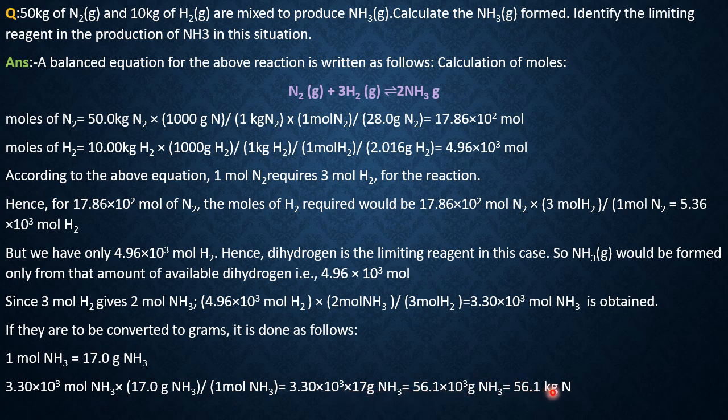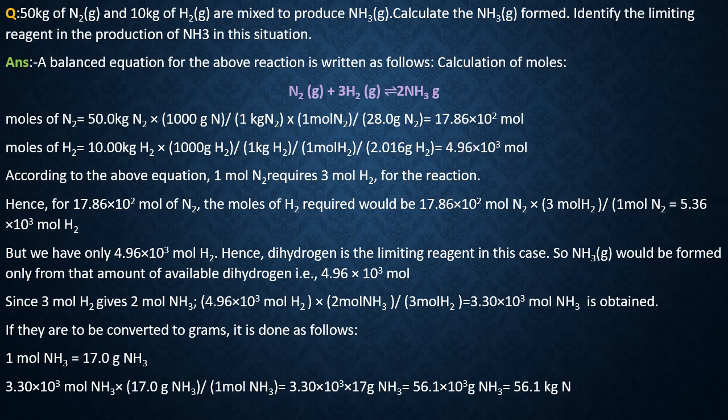This is ammonia only; I should have written NH3 here. So 56.1 into 10 to the power of 3 gram of ammonia, or in terms of kilogram, 56.1 kilogram of ammonia forms, depending upon the available amount of hydrogen 4.96, which is the limiting reagent.